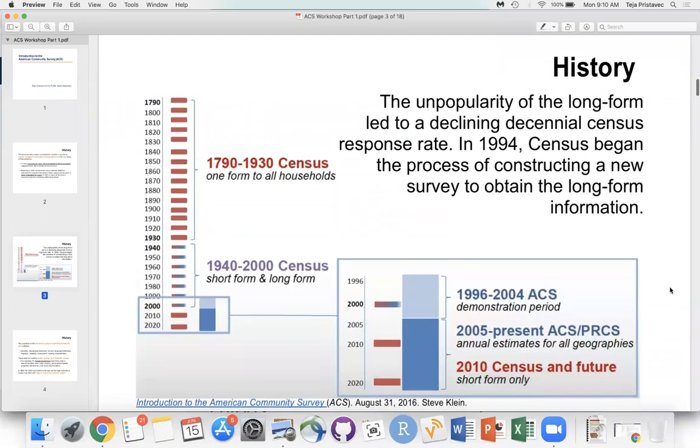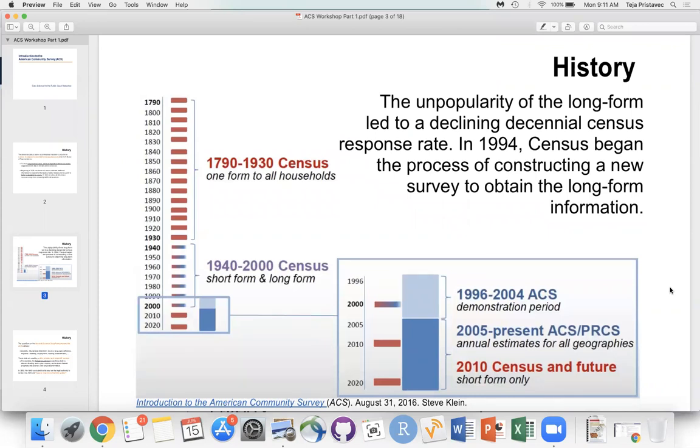And here I'm showing you the timeline so that you know when you're working with the data, at what time point you can get particular data points from the census versus the ACS. So that most of the long form got broken out into what we now call ACS.